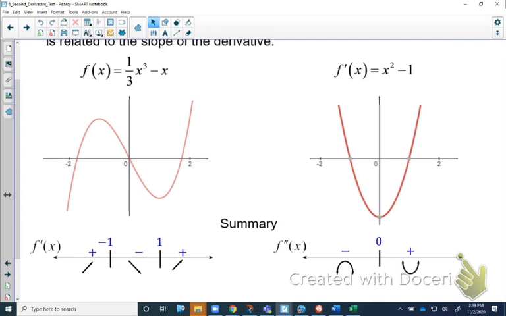And where the second derivative is negative, meaning it's decreasing, you can see that on the interval from negative infinity to 0, the function is concave down. But to the right of 0, the second derivative shows that it's increasing, giving us positive numbers, and that's where the function is going to be concave up.